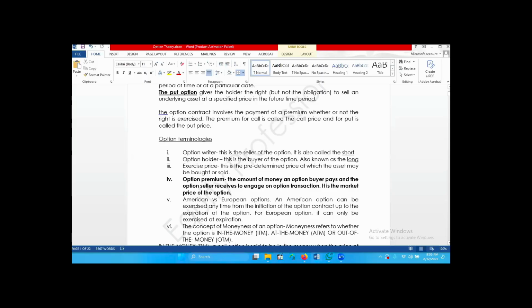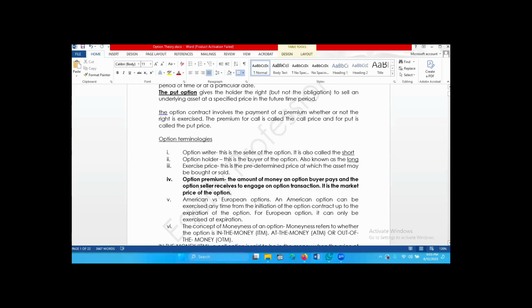American option contracts can be exercised at any time from the initiation of the option contracts up to the maturity of the contracts.